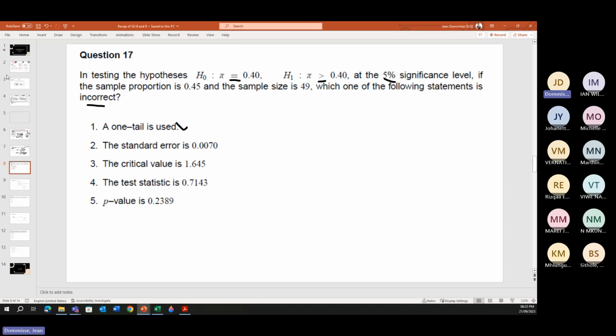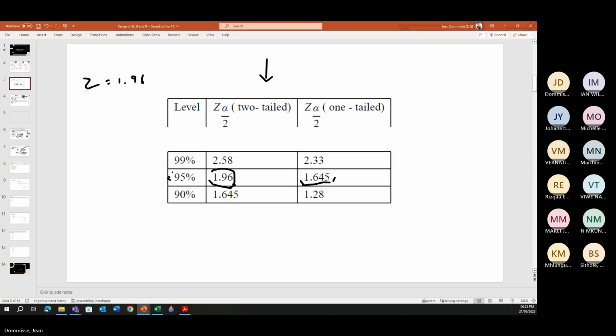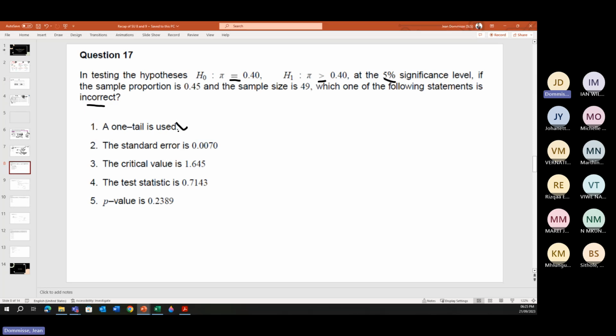So remember, 5% level, one tail. So our Z is 1.645. Remember, one tail, 5% Z. Your critical value is 1.645.